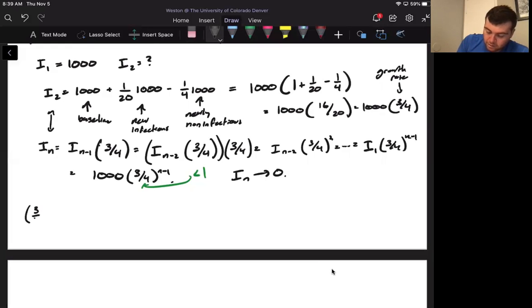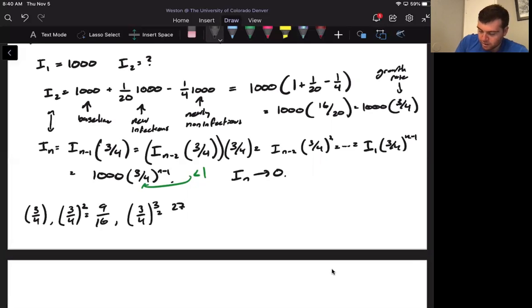So 3/4, then the next one in the sequence is 3/4 squared, which is 9/16. Then 3/4 cubed, which is 27 over 64. So we started out at 3/4, which is about 75%, to 9/16, which is slightly over 1/2, to 27 over 64, which is less than 1/2.